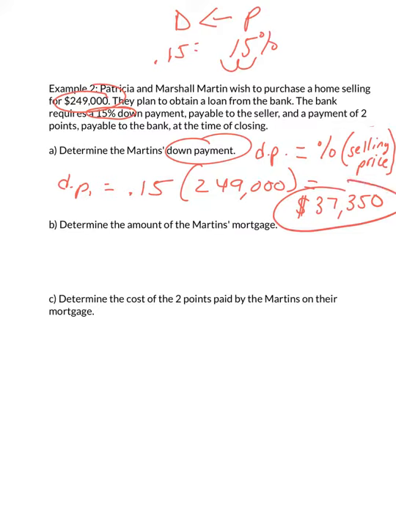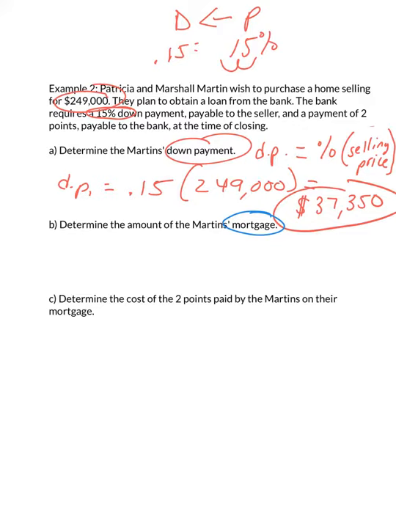Again, there are different types of loans that people qualify for depending on their own financial situation and their credit score. So now looking at Part B, determine the amount of the Martins' mortgage. Be very careful with what they're asking you for in the homework because they go back and forth. The last example was a little bit more work because it wanted to know the monthly mortgage payment.